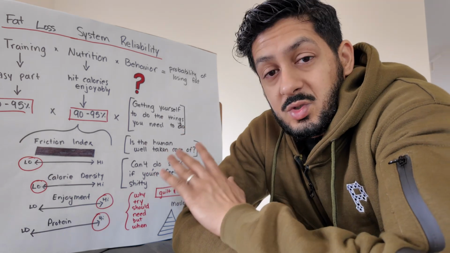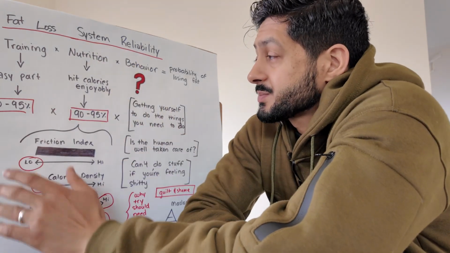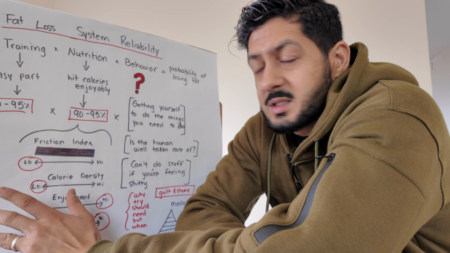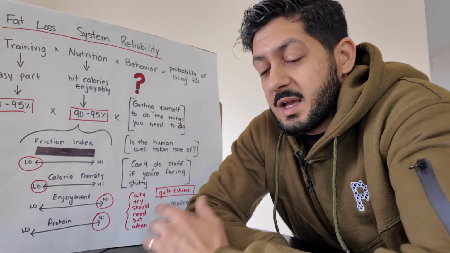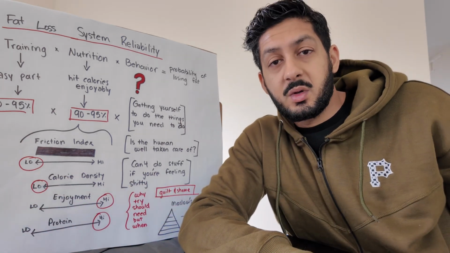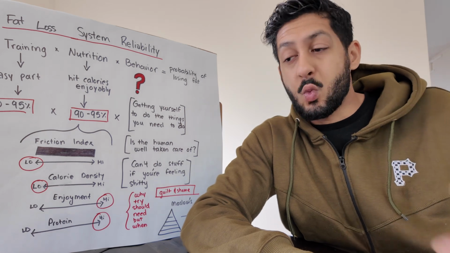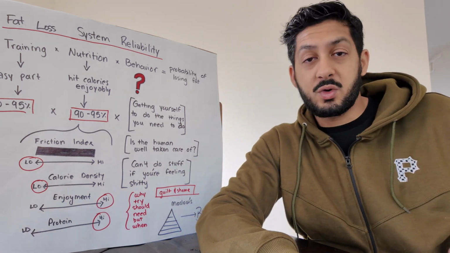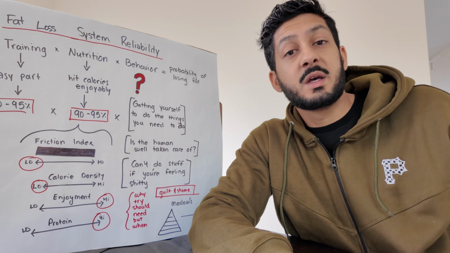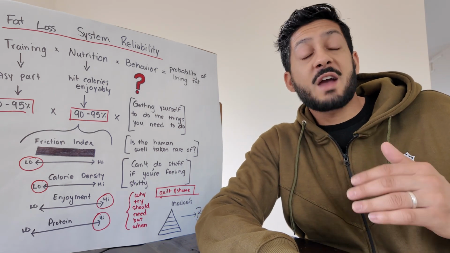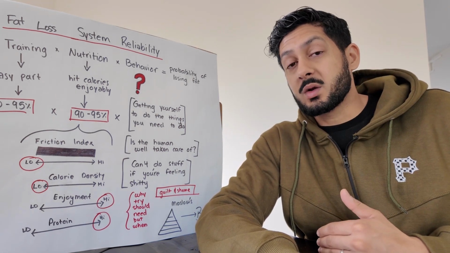Same goes with training, or with fat loss, the three components. Now, here's how you drive up the reliability of a system. One, you eliminate as many components as possible, okay? And then two, you drive up the least reliable part, okay?